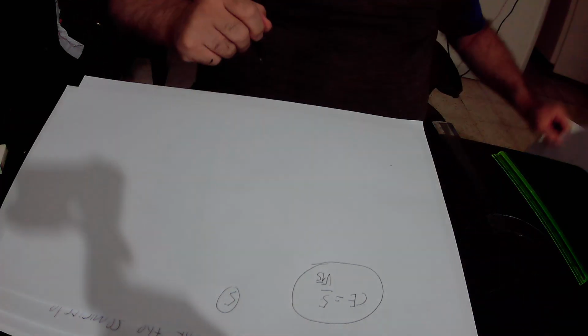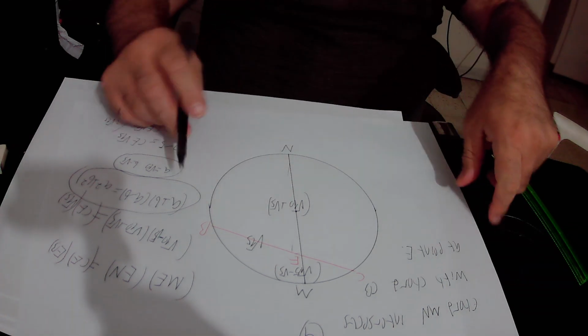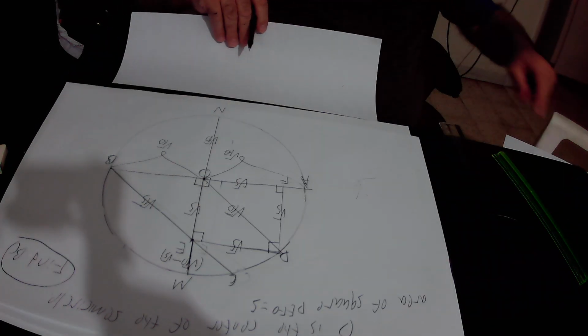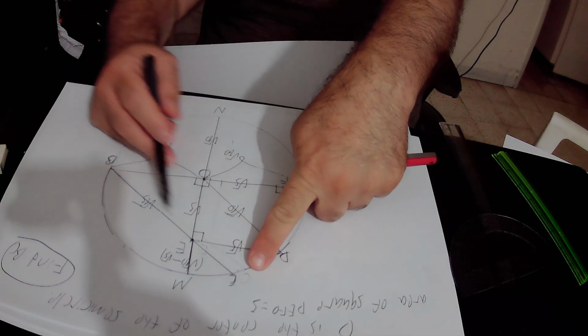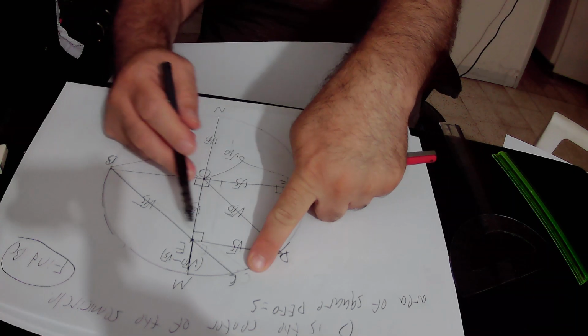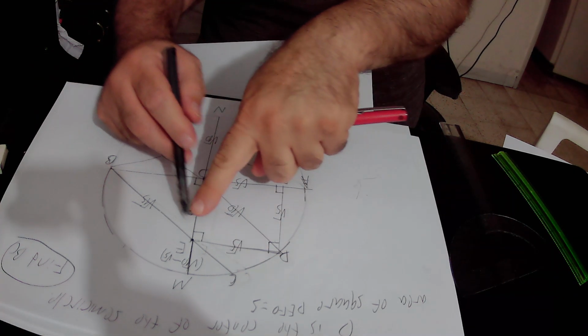We have to find out the length of CB here. It is very easy to see from the drawing that CB equals CE plus EB.